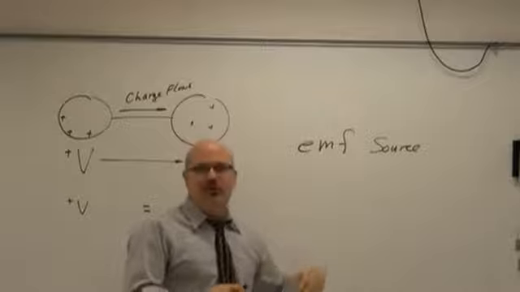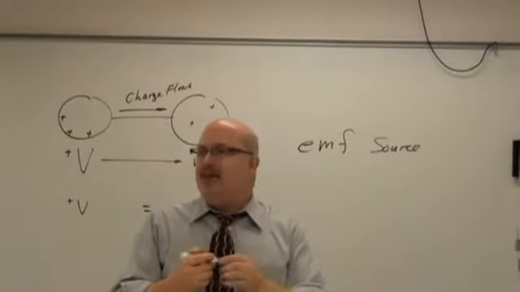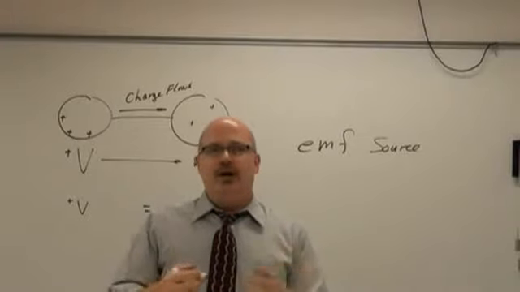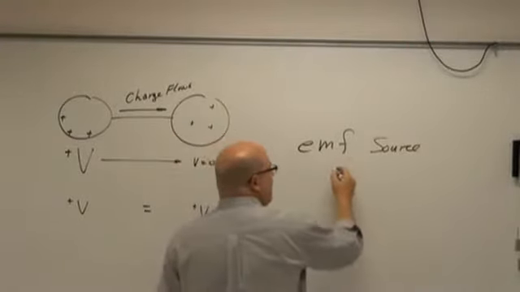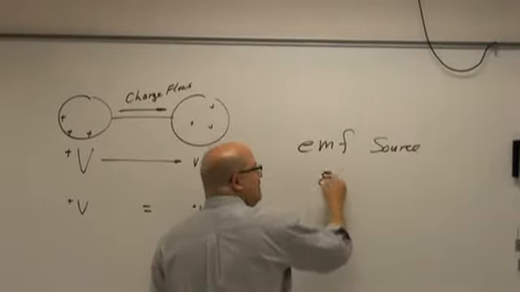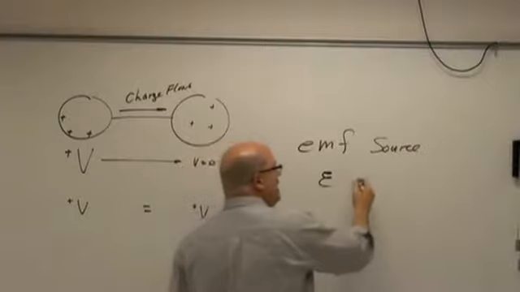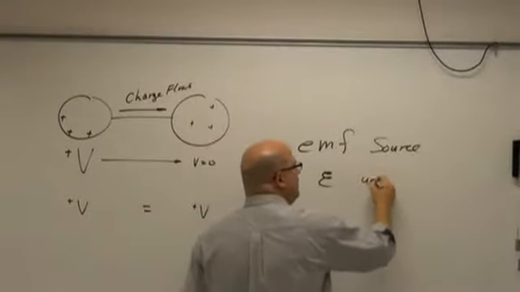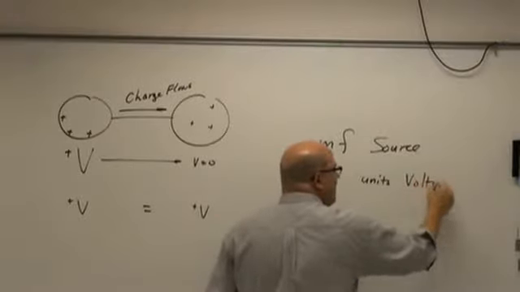EMF stands for electromotive force source. That's kind of a misnomer because EMF is measured in volts. By the way, the symbol for EMF is a scripty E, which has units of volts.